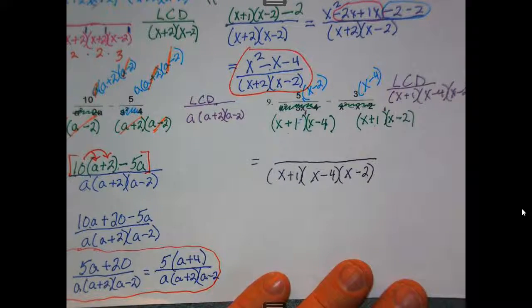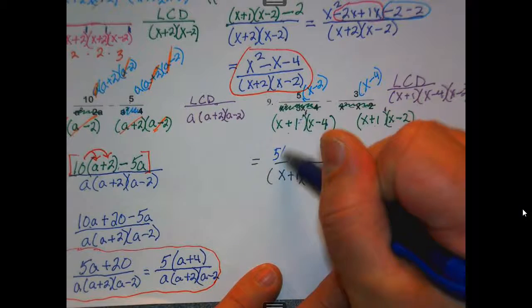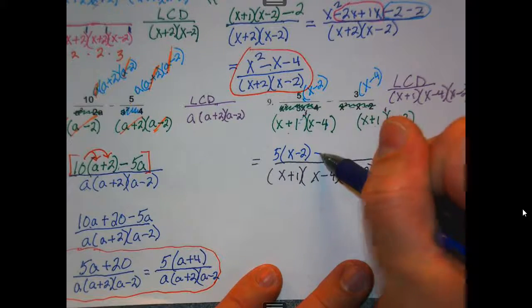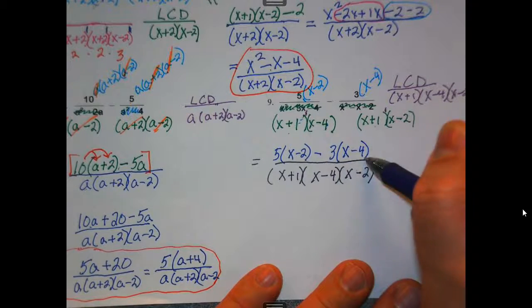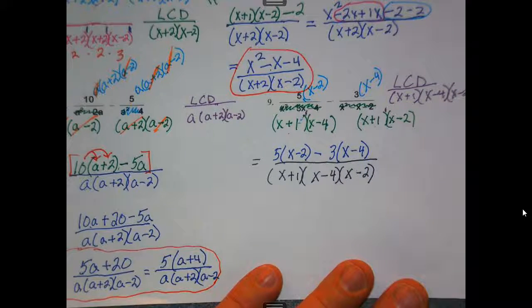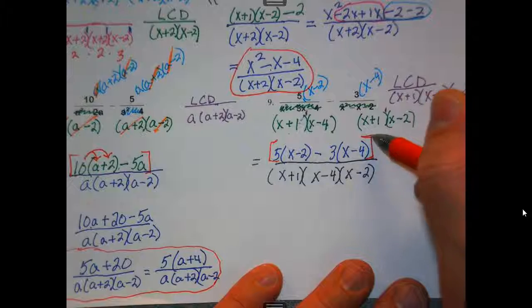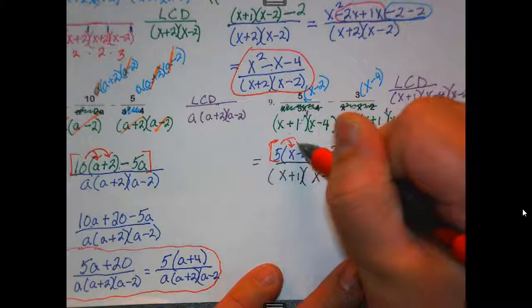Okay, so my numerator becomes 5 times x minus 2 minus 3 times x minus 4. We're going to have to distribute. Don't cancel anything out. It's locked in here. Distribute first.